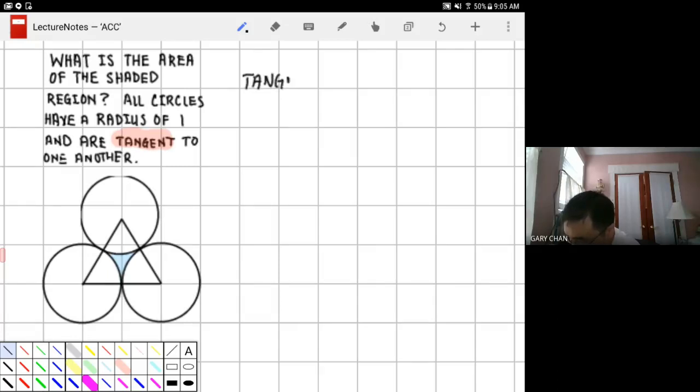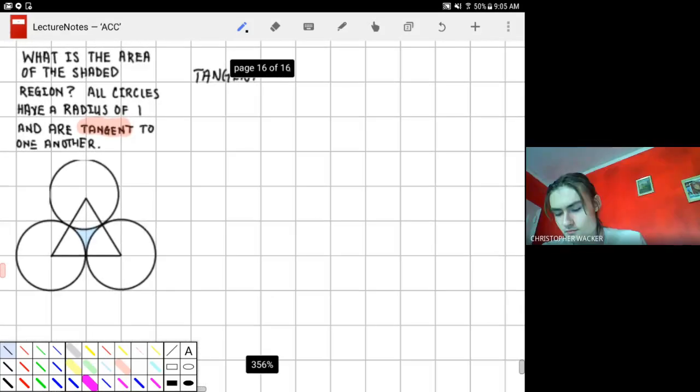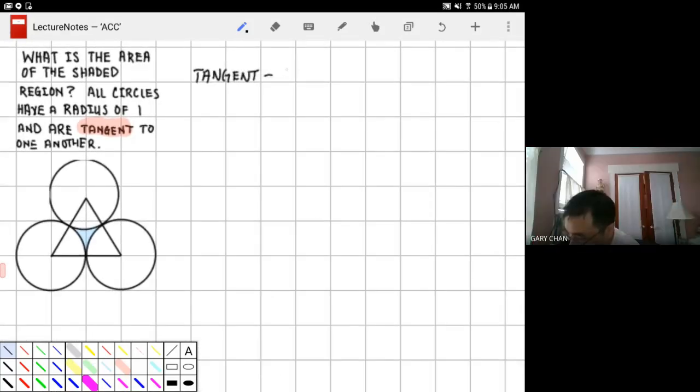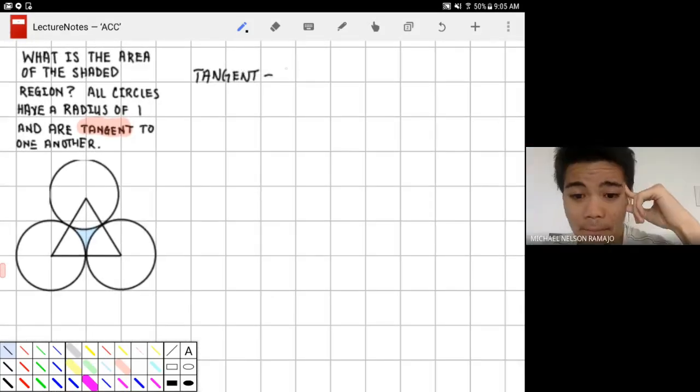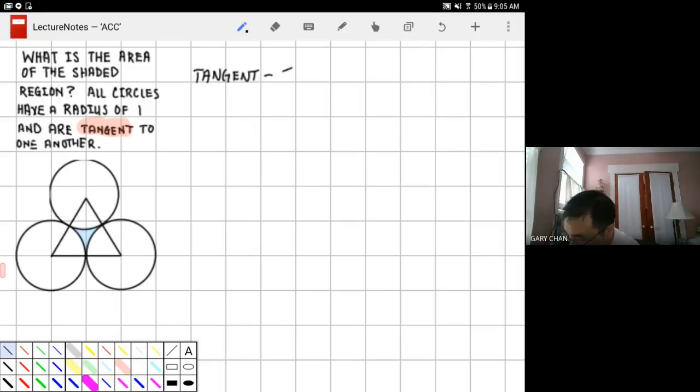Tangent is an adjective, and it means to touch at one point only.